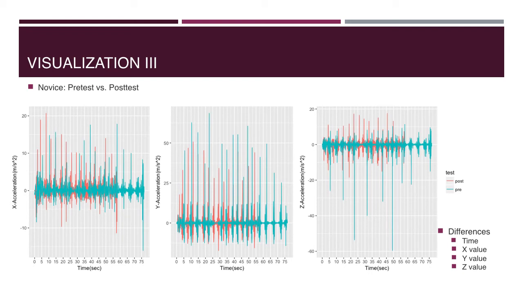If you remember the hit rate, the novice improved her performance in the post-test a lot compared with the pre-test. And for the movement, as you can see in the picture, she became more stable in terms of the X, Y, Z movement.